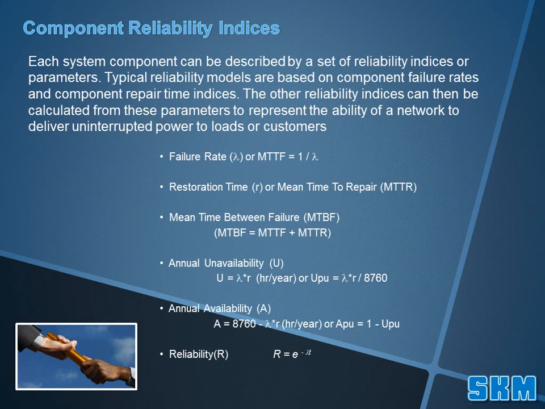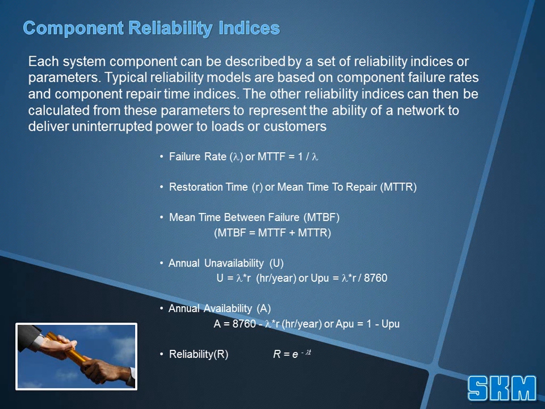Typical reliability models are based on component failure rates and component repair time indices. Other reliability indices can be calculated from these parameters to represent the ability of a network to deliver uninterrupted power to loads or customers. The values here come from the results of the reliability analysis.